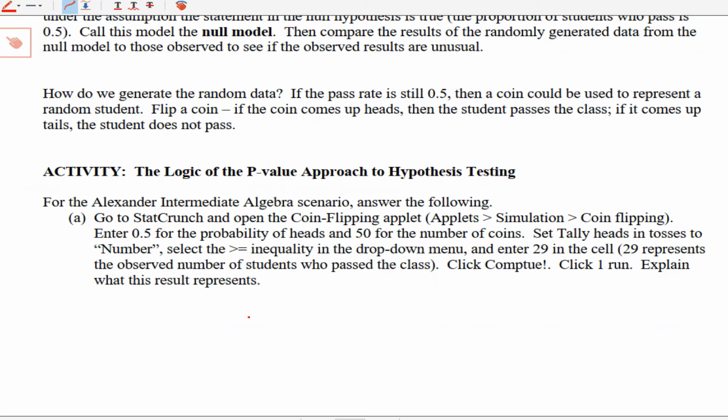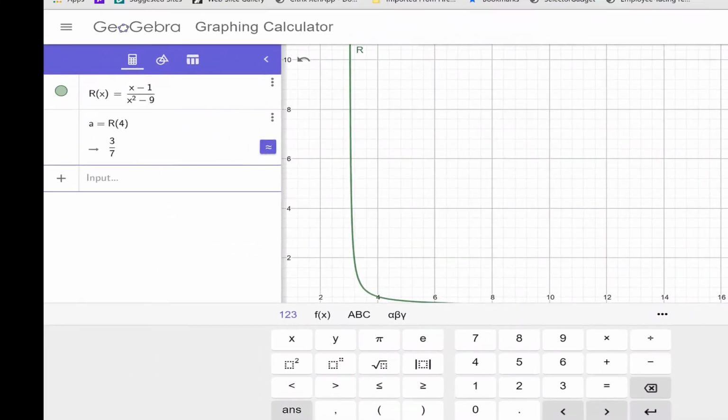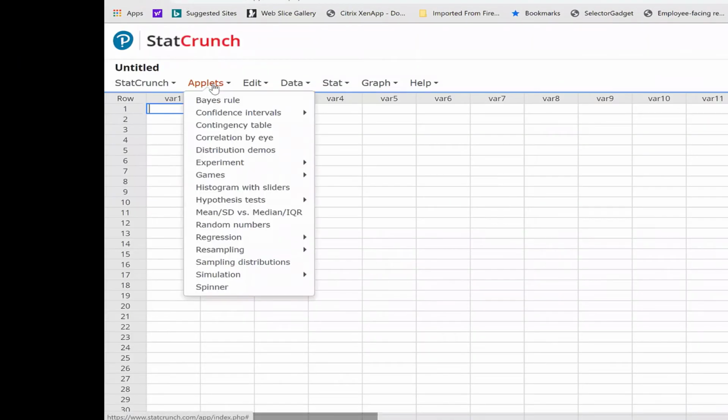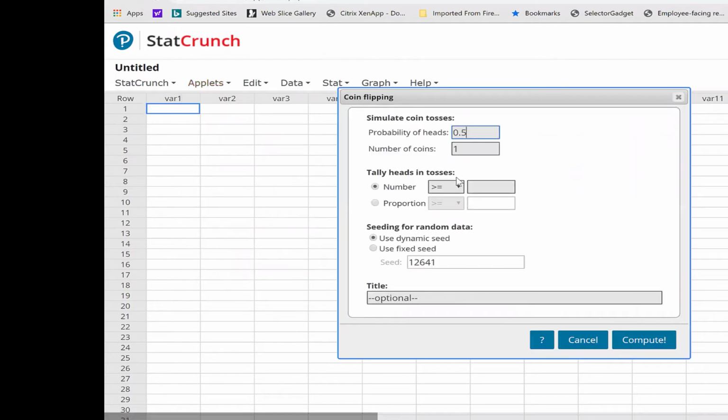I'm just going to lay out for you how to build the applet now. I'm going to go into StatCrunch, and under Applets, Simulation, Coin Flipping. The probability of getting a head is 0.5, and I'm going to be flipping 50 coins.